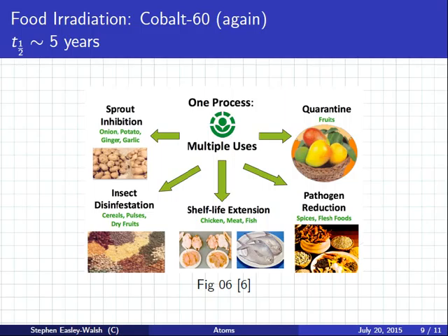So it has two advantages for the farmer. Number one, it cleans the farmer's crop, and number two, it prevents the spread of the insects by reducing their ability to reproduce. So again, this is cobalt 60, useful for food irradiation.